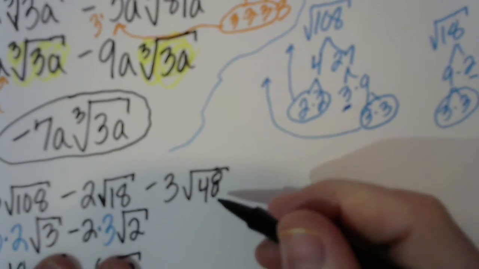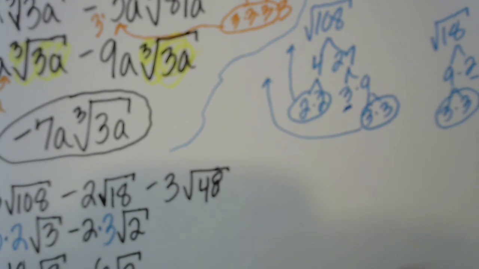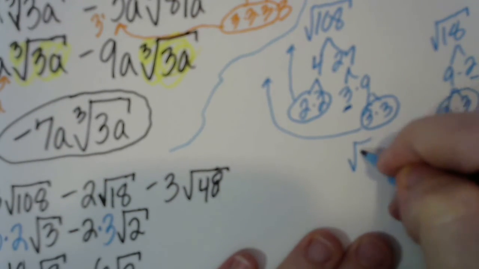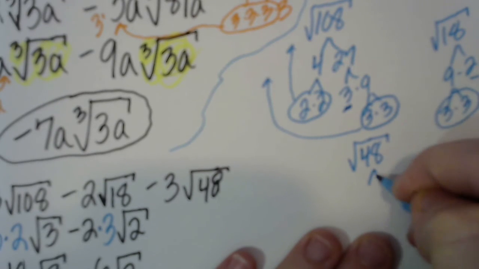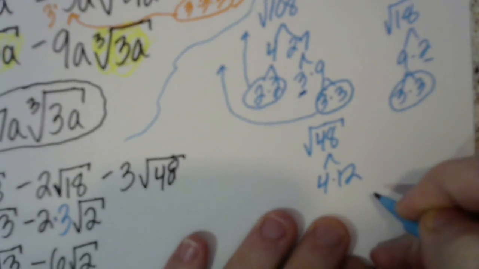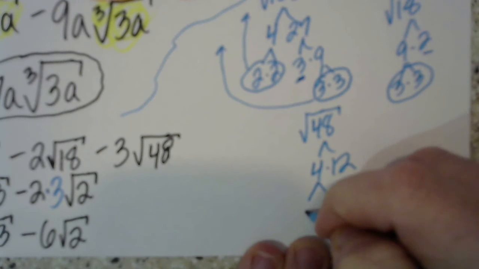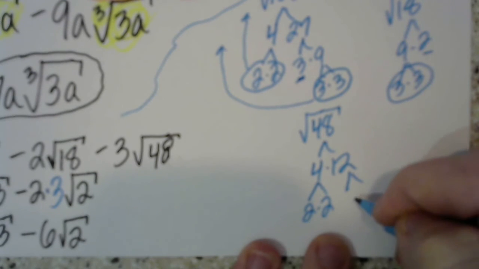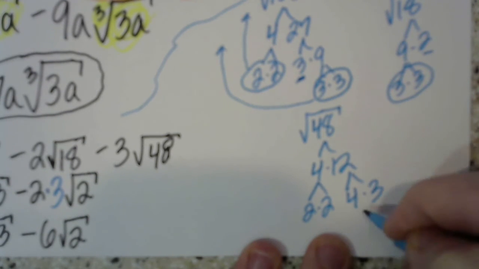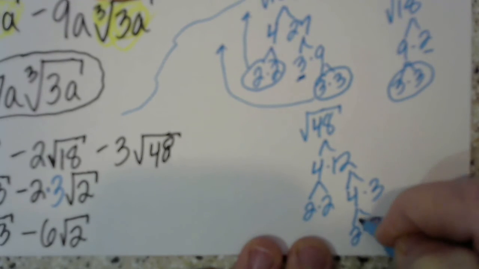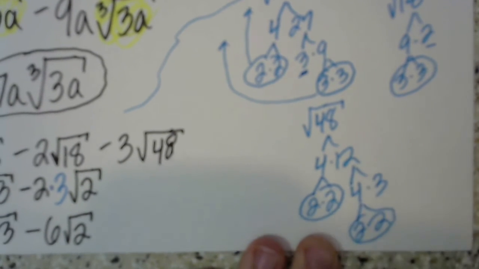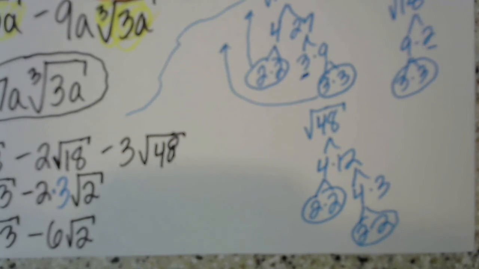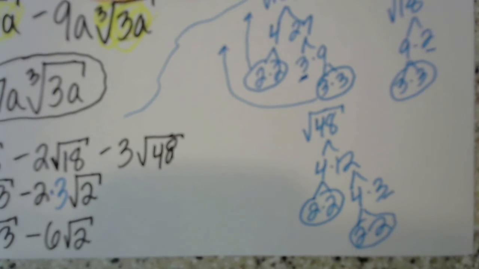One more, 48. Well, 48, 4 times 12 comes to mind. And that would be 2 and 2, and this would be 4 and 3, and 2 and 2. So I've got 2 groups of 2 and a 3.